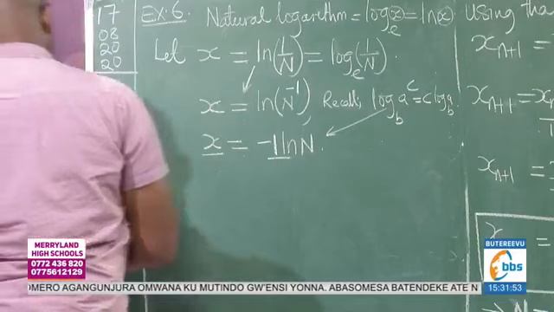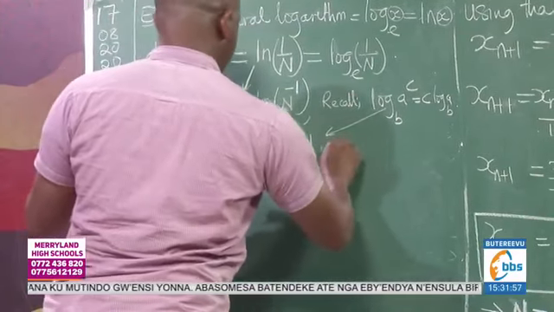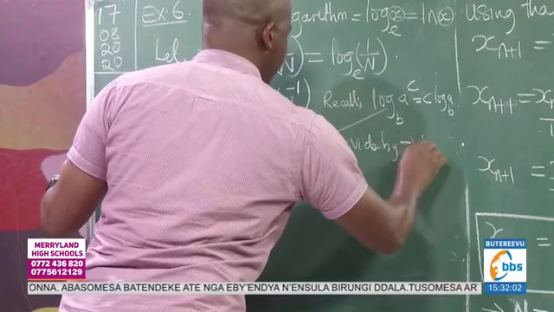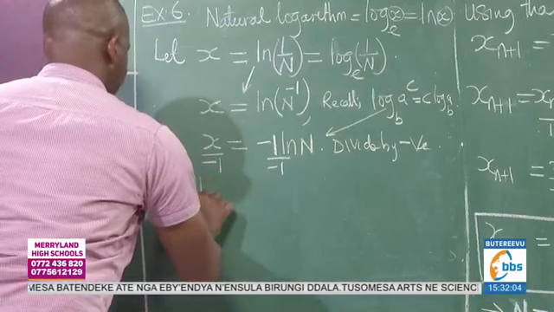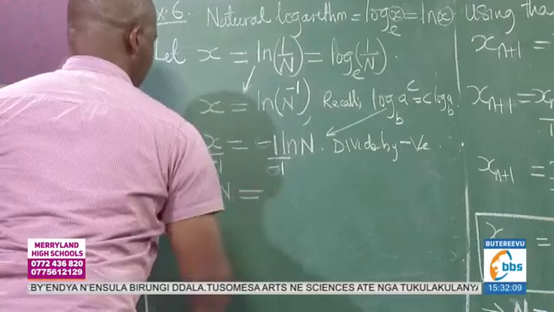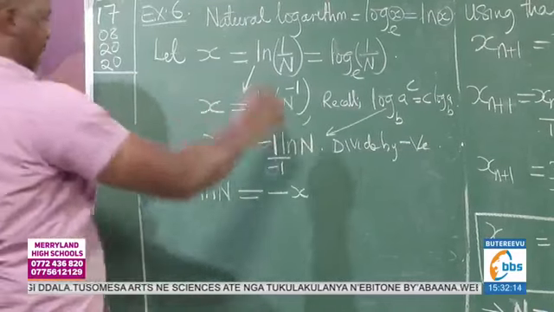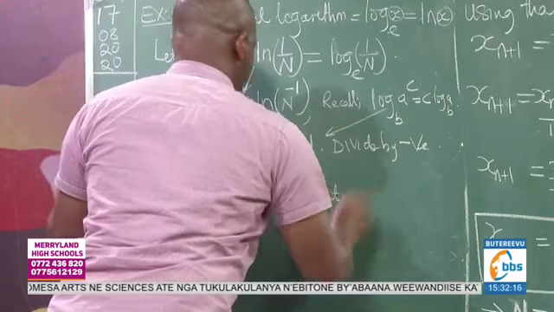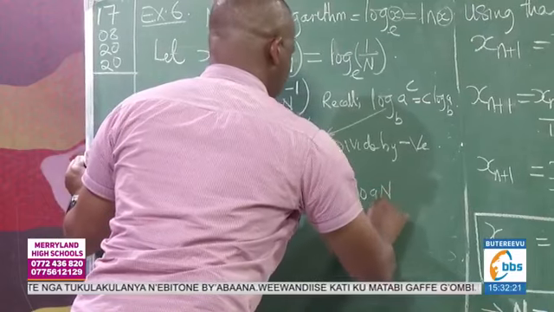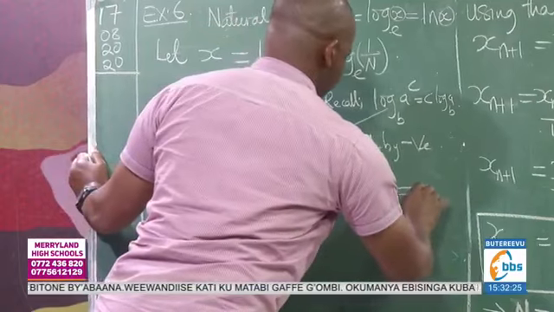If I divide by the negative, I would get that my ln of n, because this negative will cancel, will actually be equal to minus x. But I will go back there. I will say my ln of n can be written as the natural log to the base e of n being equal to negative x.